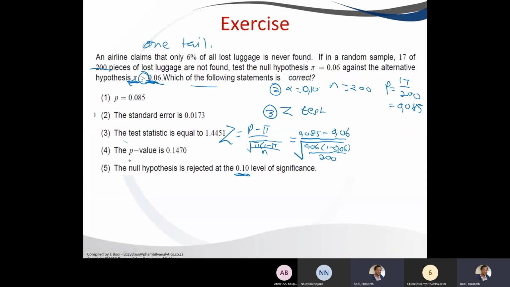I'll calculate the square root of the whole of it: the square root of 0.06 times 1 minus 0.06 divided by 200.